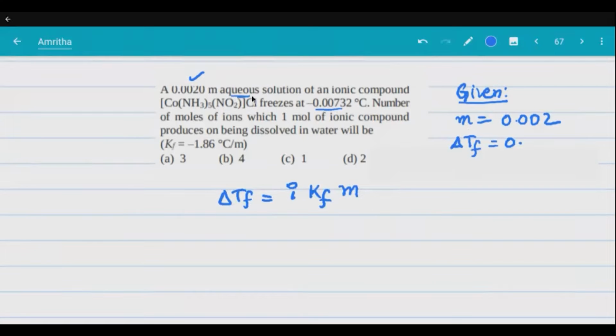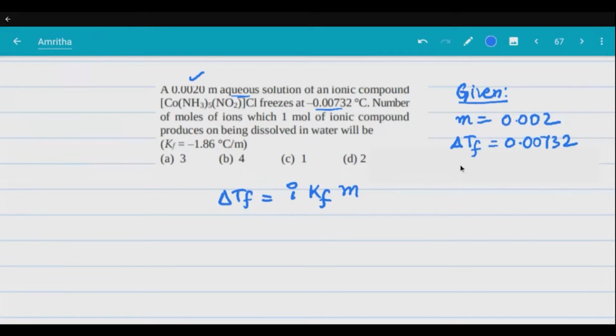In this aqueous solution, again the solvent is water. What is water's freezing point? 0 degrees Celsius. But this compound freezes at minus 0.00732, so the depression, the change, will be 0.00732.